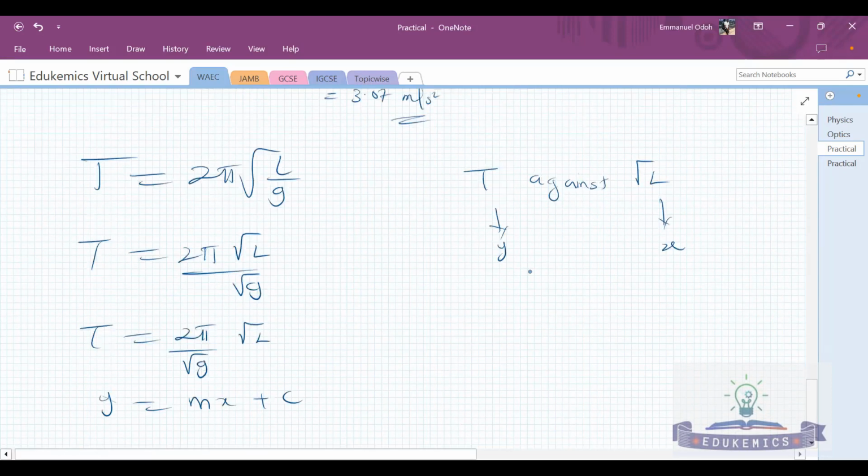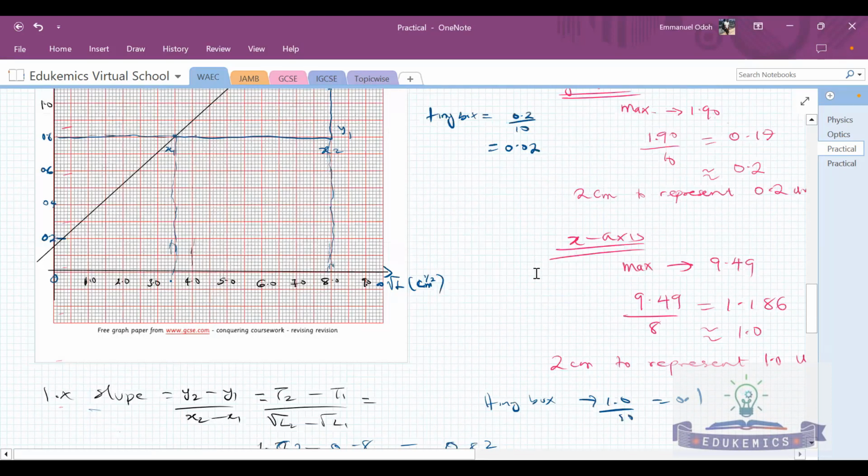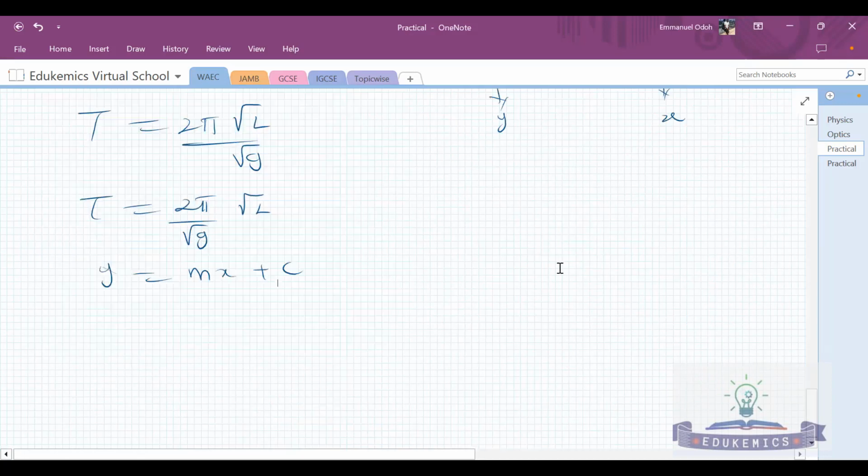Normally, our graph is supposed to pass through the origin, so the intercept is zero. So m, which is the slope, let's say slope equals 2 pi over square root of g.